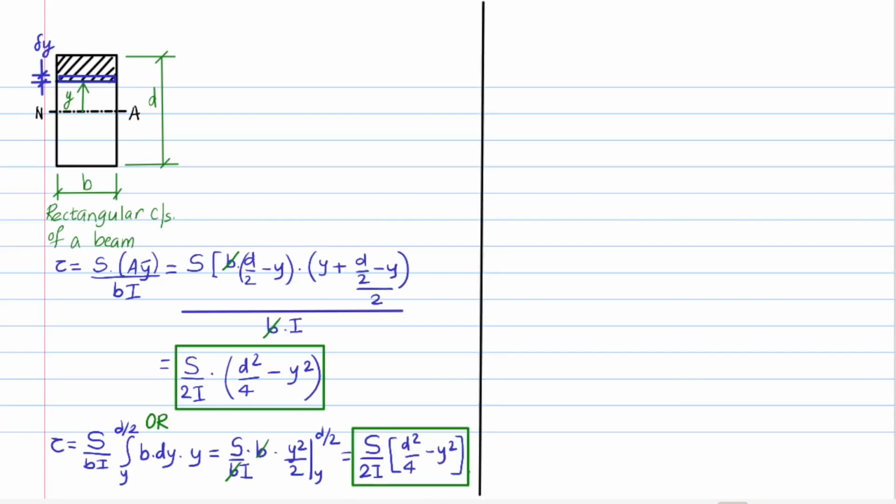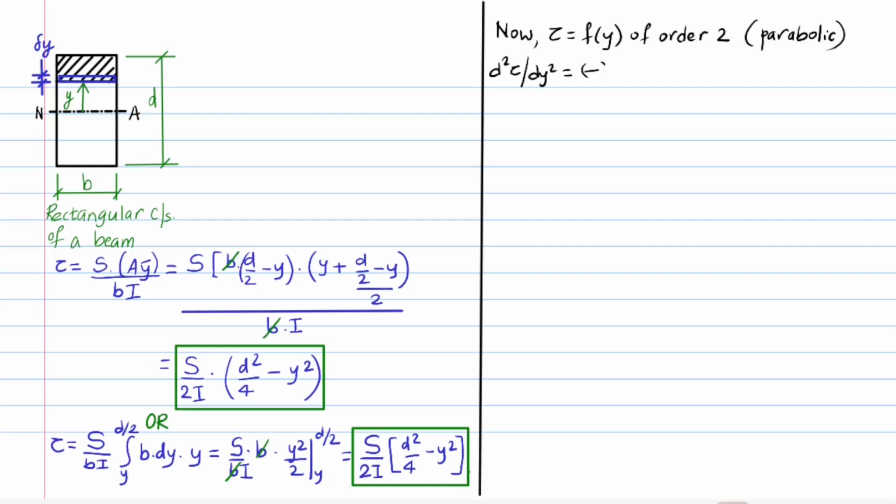Here we find that the shear stress is a function of the distance y of the arbitrary layer from the neutral axis of order 2, meaning that the variation is parabolic. If we take the double derivative of the shear stress with respect to y, we get a negative sign, meaning that the curve obtained is of the maxima type with respect to the zero shear stress line.